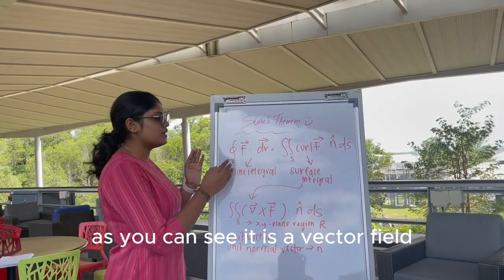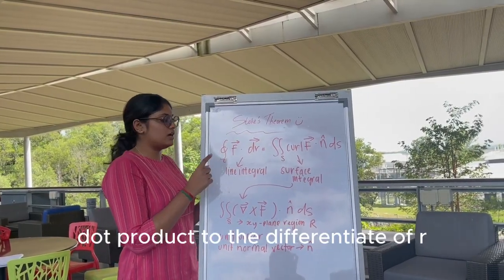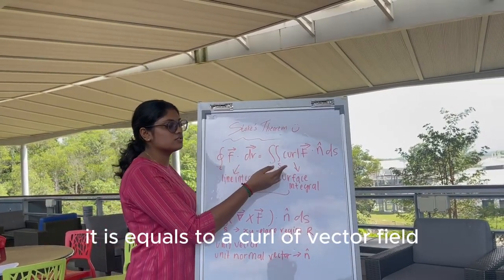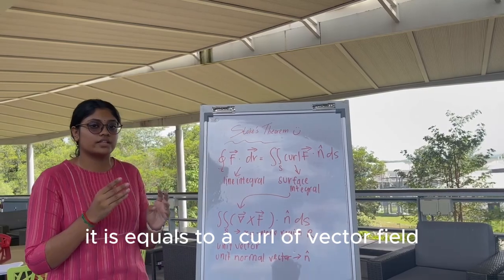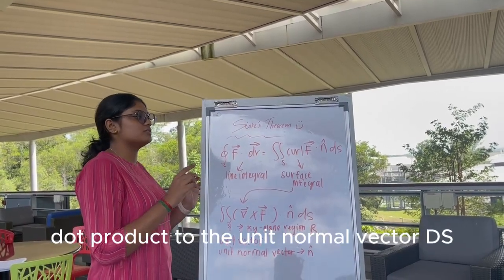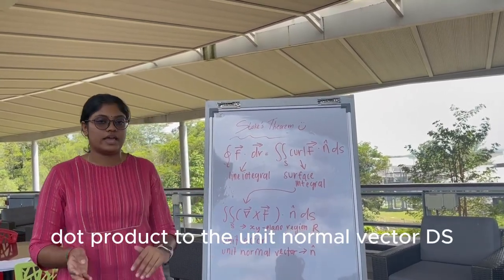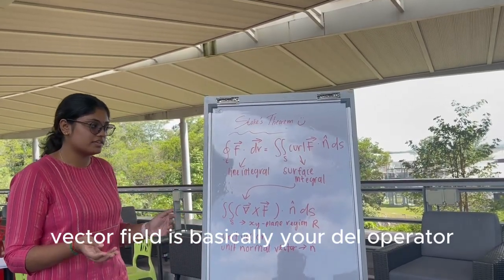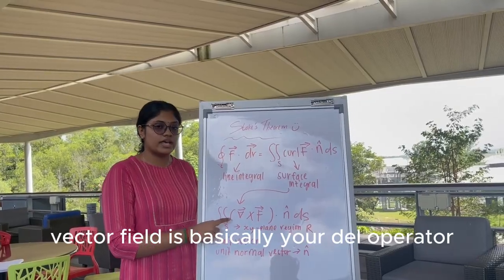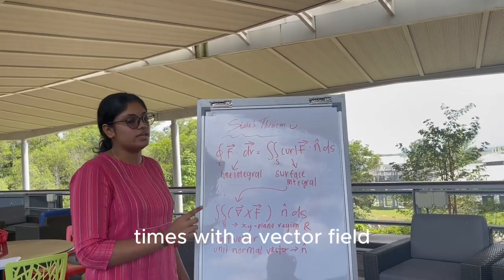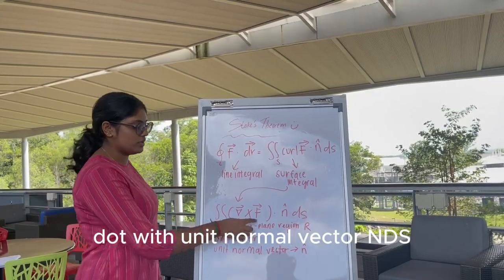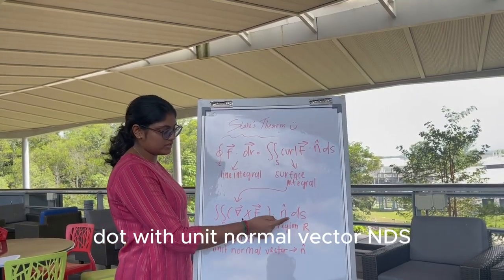It is the vector field dot product with the differential of r, which equals the curl of the vector field dot product with the unit normal vector dS. So how do you find the curl of the vector field? It is your del operator crossed with the vector field, then dotted with the unit normal vector and dS.